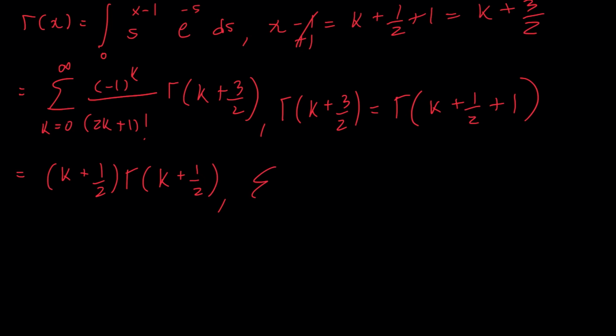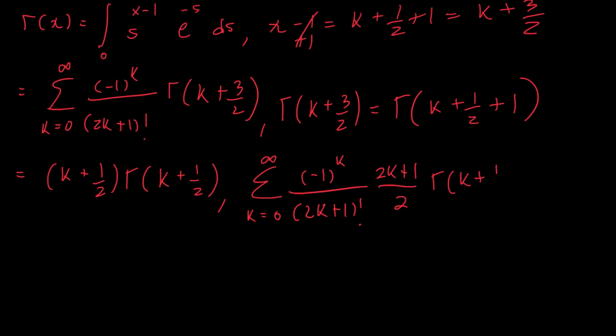So we're going to have the sum from 0 to infinity, negative 1 to the k over 2k plus 1 factorial. And we could rewrite this as 2k plus 1 over 2 times gamma of k plus a half.